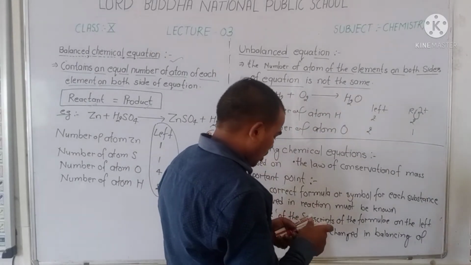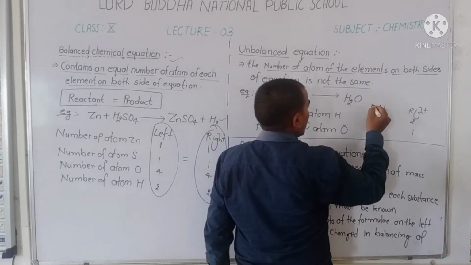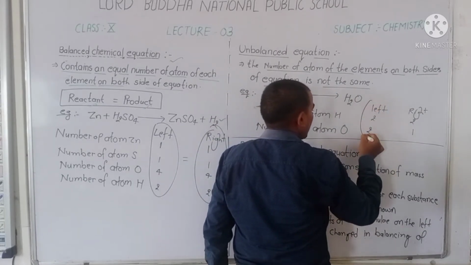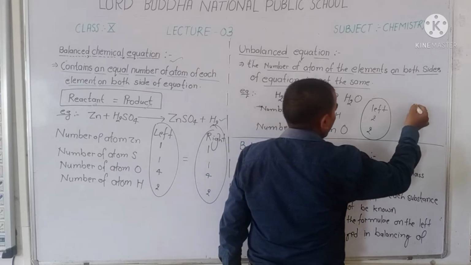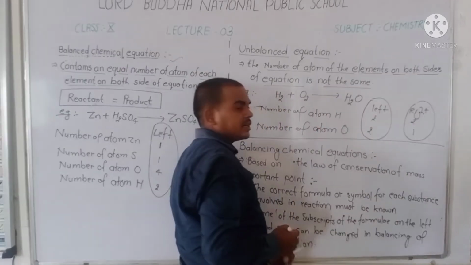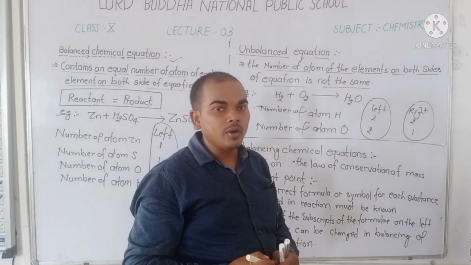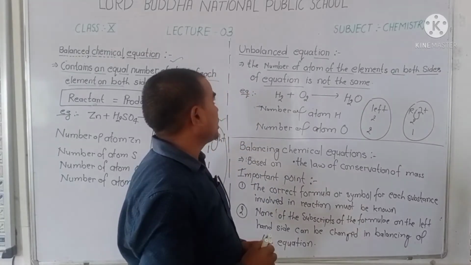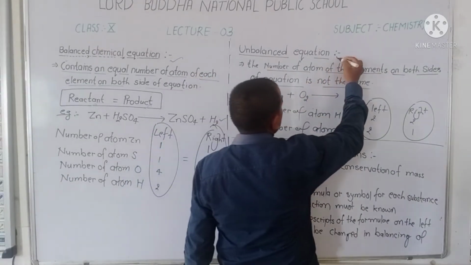Here we observe that the number of atoms on the left-hand side and right-hand side are not equal. That means this equation is an unbalanced equation.